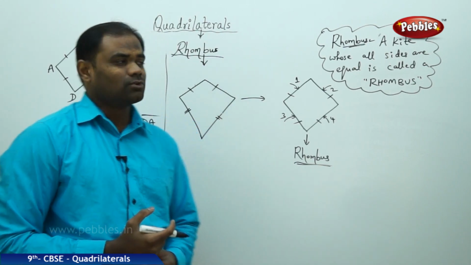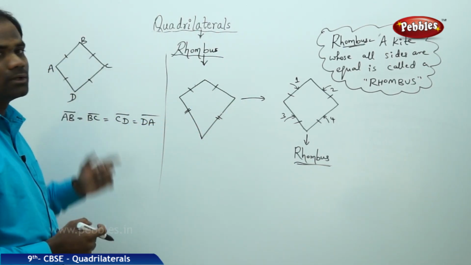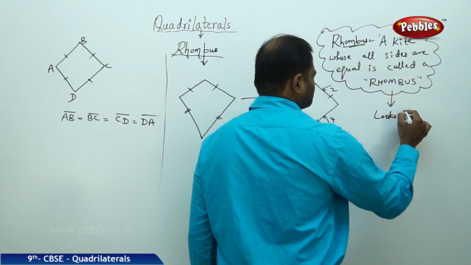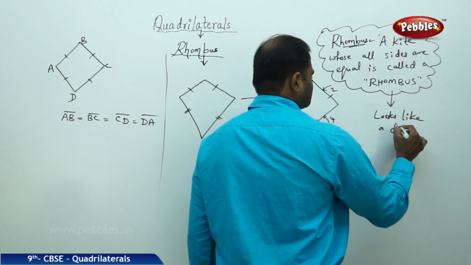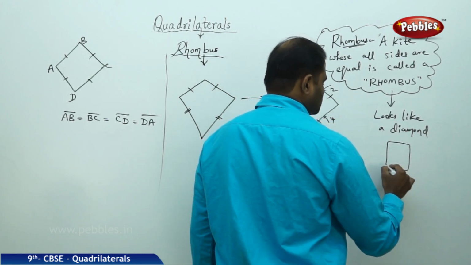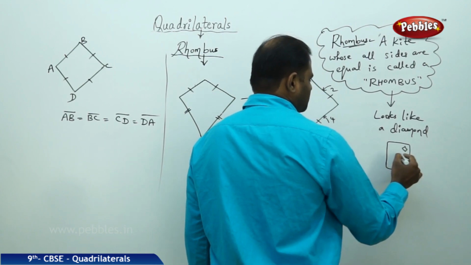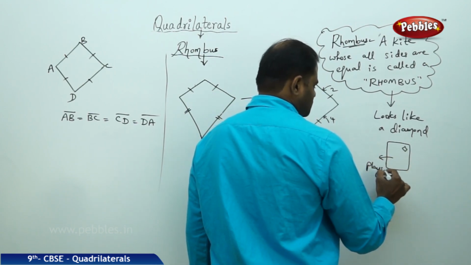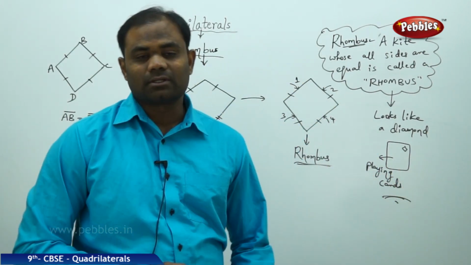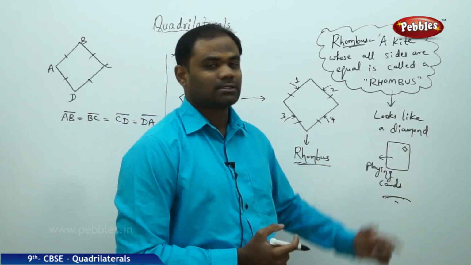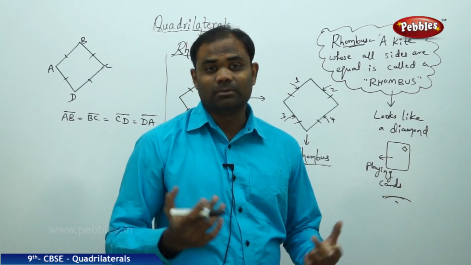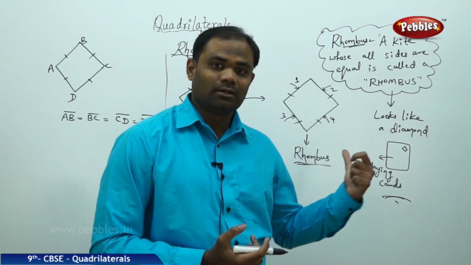A rhombus is a four-sided figure with all sides equal. It looks like a diamond. The diamond which you see in playing cards is a rhombus. A kite whose all sides are equal is called a rhombus is the learning outcome I make out here.